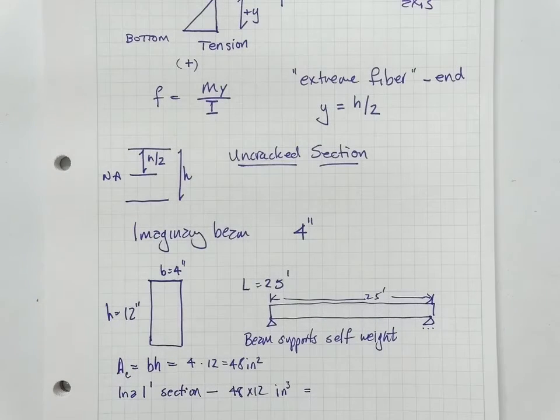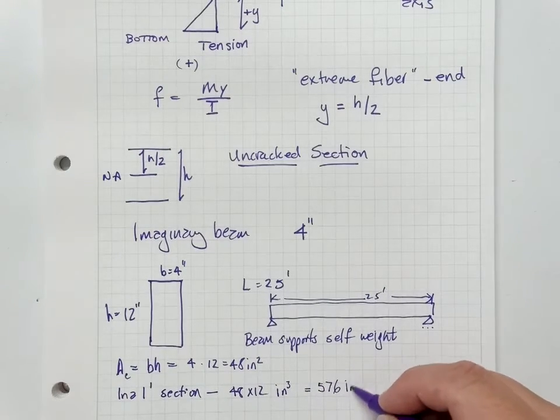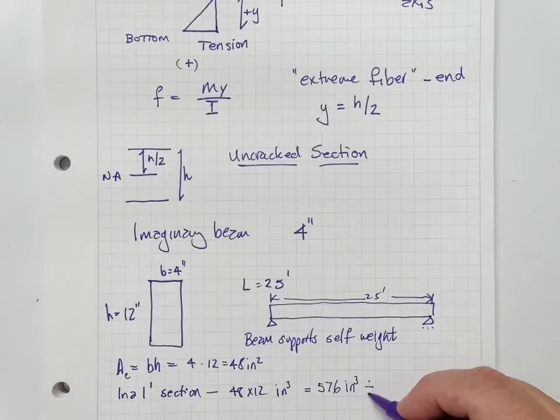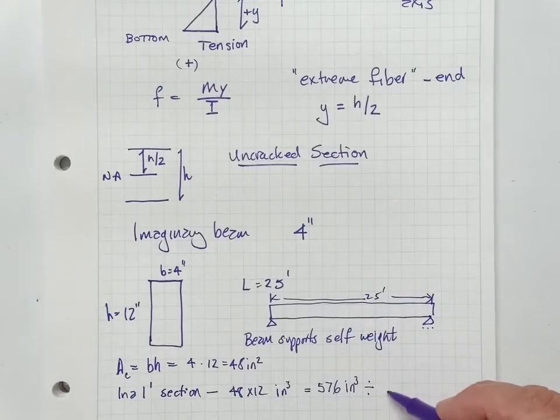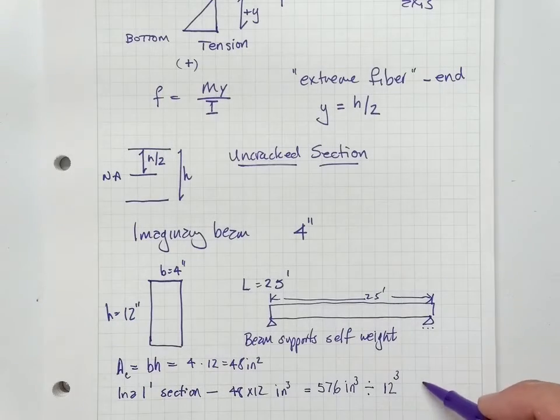What's 48 times 12? Got to do them every once in a while. It is 576 cubic inches. Divide that by 12 cubed, right?